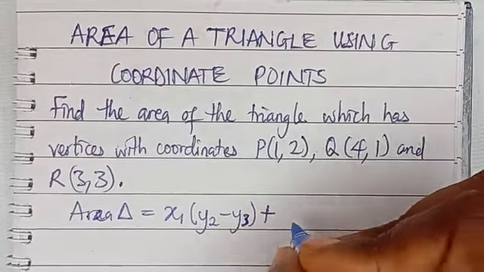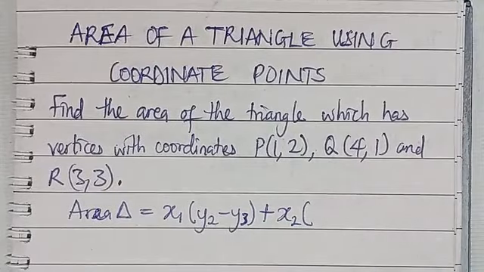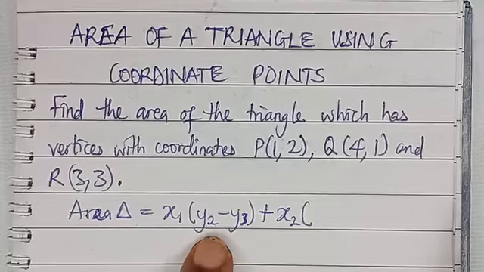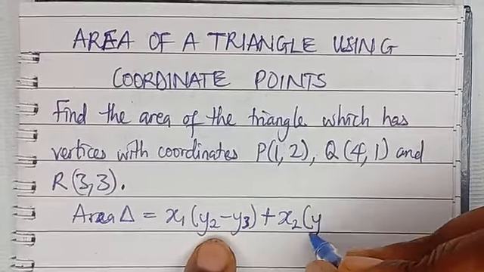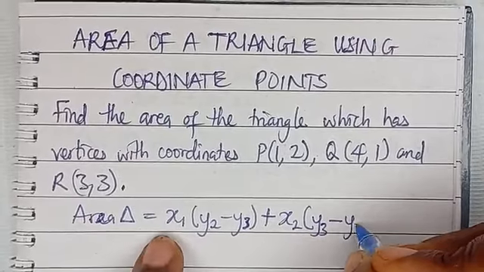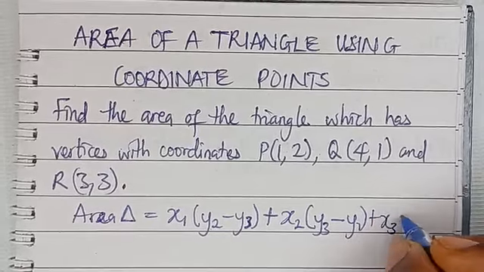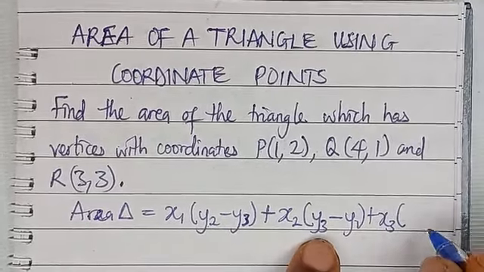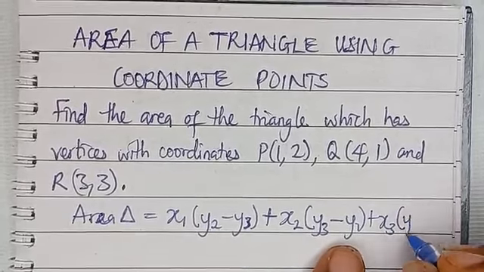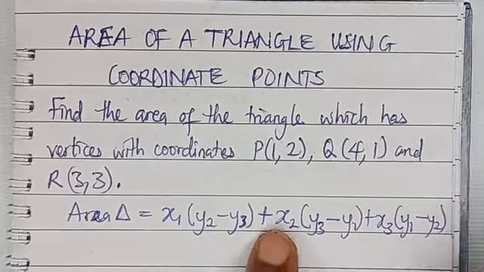We now write a plus, then we now get into x2. For x2 now, see how I remember it. When we start from 2, we now get into y3 minus y1. And then another plus, we now start from x3. Since we started with 3, we now get into y1 minus y2.